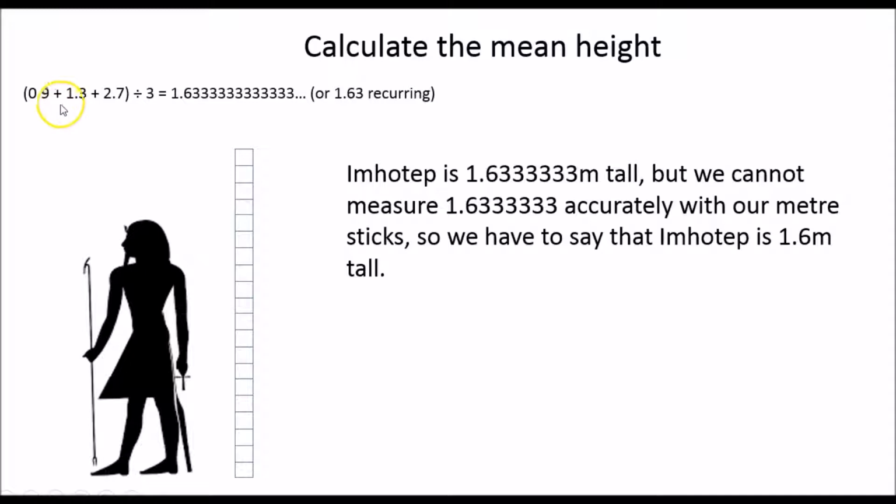If we do a mean to 2 significant figures, we do 0.9 plus 1.3 plus 2.7, divide all that by 3, we get 1.63 recurring.